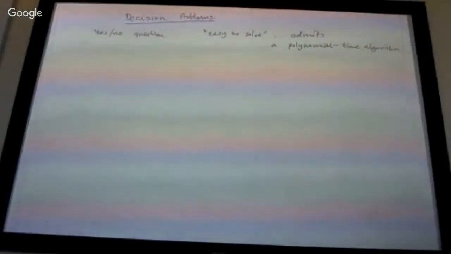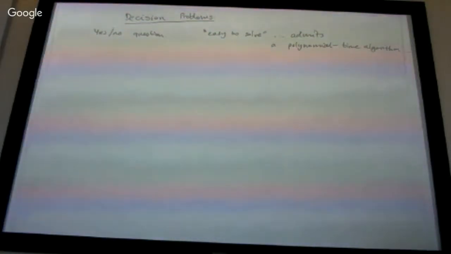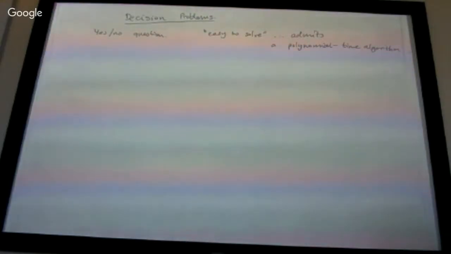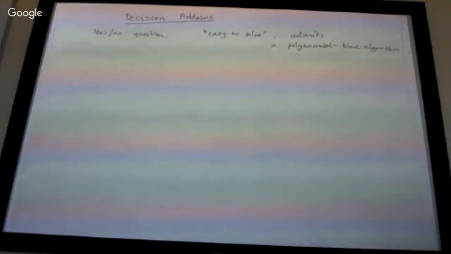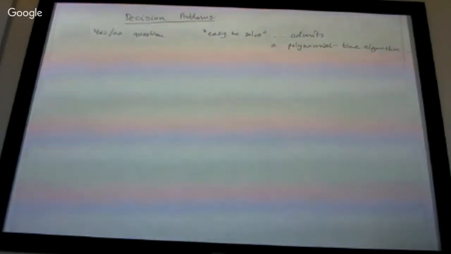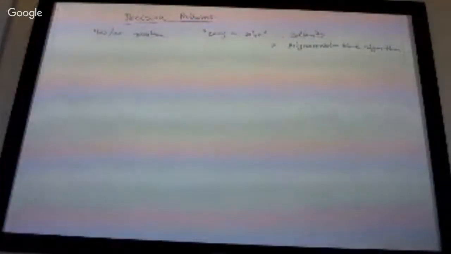We saw some examples, and one of them was shortest path, and another one was dynamic programming. In some cases, dynamic programming algorithms give you a polynomial-time algorithm, but not always. So, for example, the knapsack problem, it doesn't, because the number of different states is too large. If you can do a dynamic algorithm where the number of states is polynomial in the size of the problem, then you should be all right.